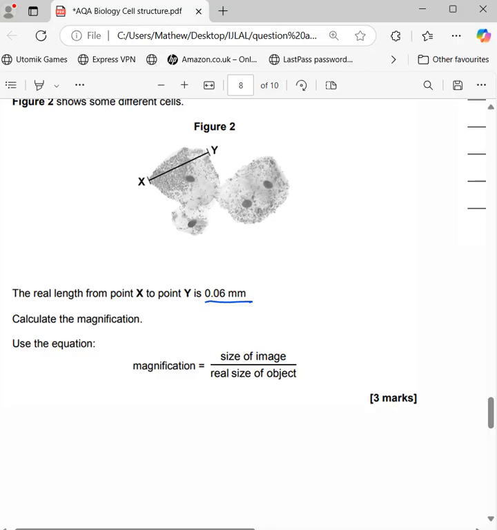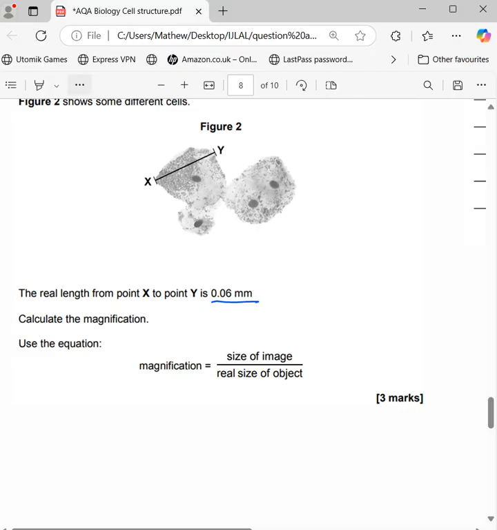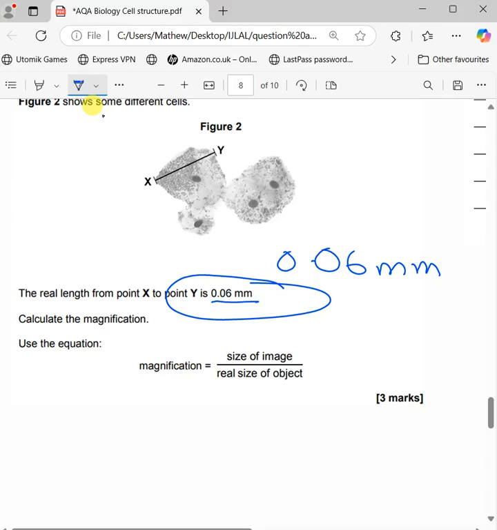Sorry, I've gotten it. They say the real length of line XY is 0.06 millimeters. So that is the real size of the object.